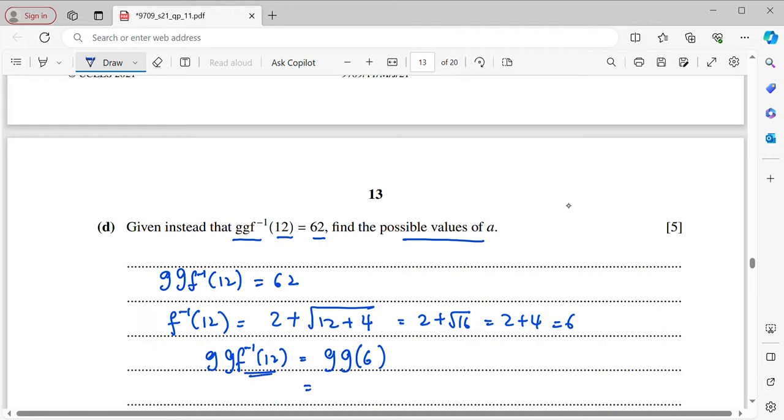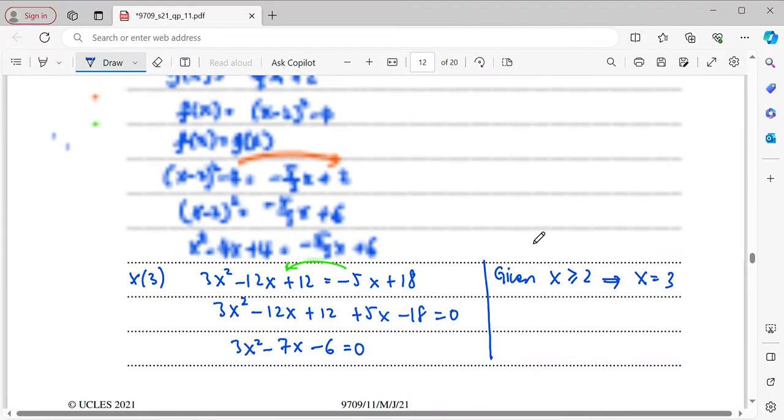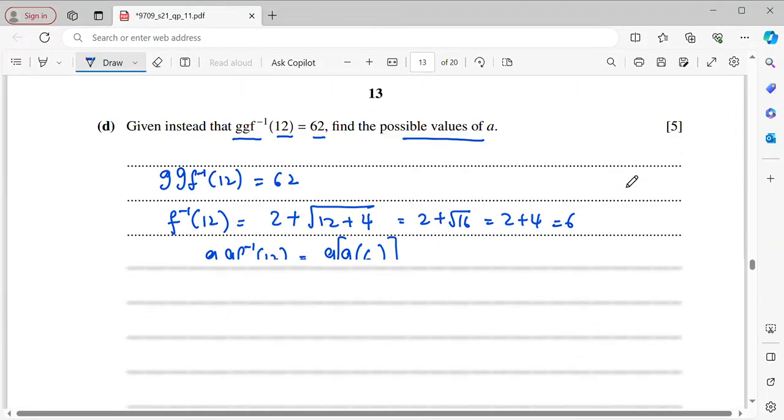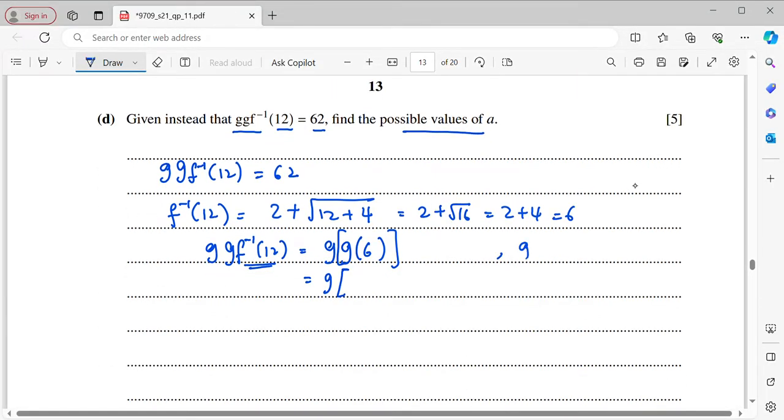So now, for g g 6, I need to get what is my g 6. So my g(x), go back to the original function, g(x) is ax plus 2. So now I'm going to replace my x by 6. So it will be 6a plus 2.